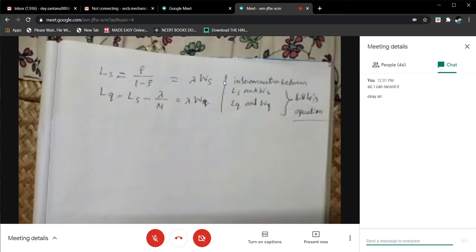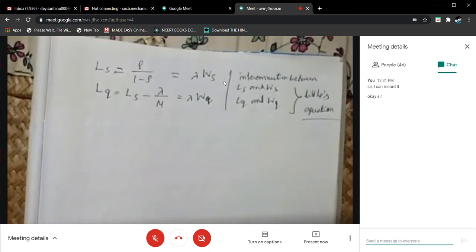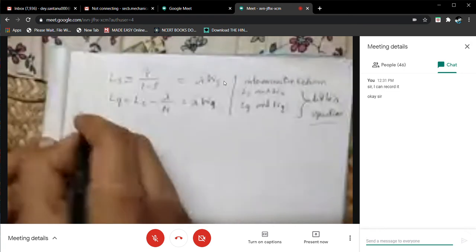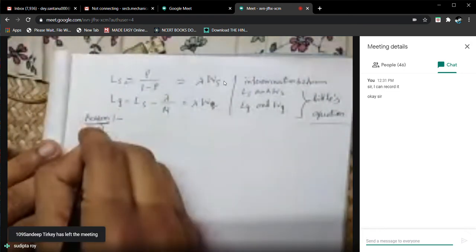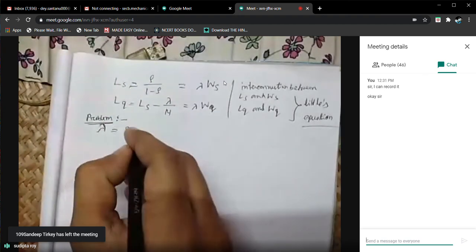Now, let us have some arbitrary data. The input rate lambda is, say, 8 people per hour.